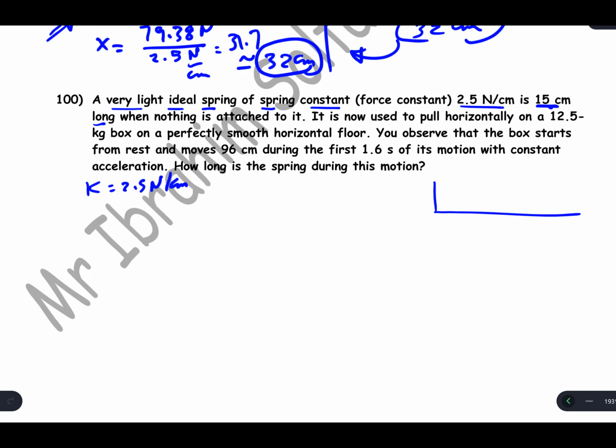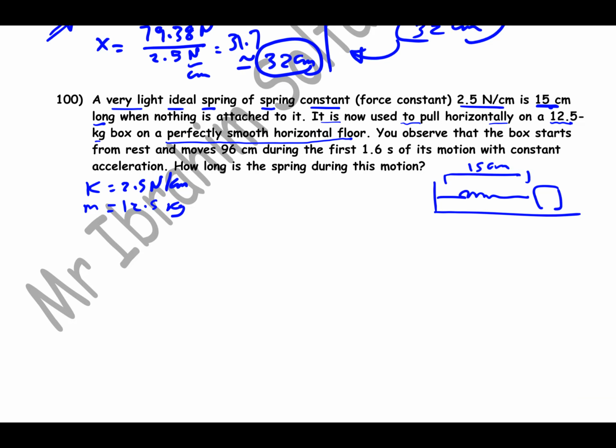This is the length of the spring when nothing is attached to it. It is now used to pull horizontally a 12.5 kilogram box, so m is 12.5 kilograms, on a perfectly smooth horizontal floor, there is no friction.